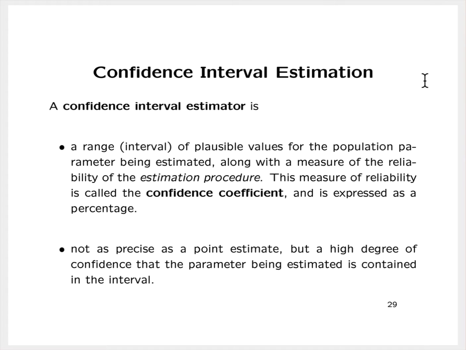Now, this measure of reliability is called the confidence coefficient, or the confidence level, and is expressed as a percentage from 0 to 100%. Now, a confidence interval estimator is obviously not as precise as a point estimate, but we have a high degree of confidence that the parameter being estimated will be contained in the interval.